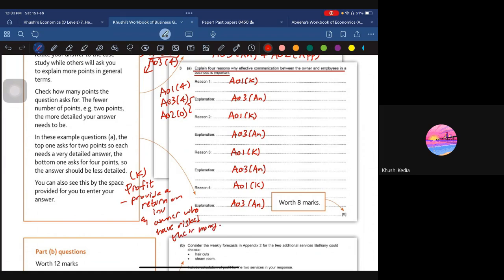Or you could say a point that you want to have a market share. Why do you want to have a market share? Because you want to attract more customers. So what will happen if you attract more customers? Leading to higher sales and revenue. Does this make sense?